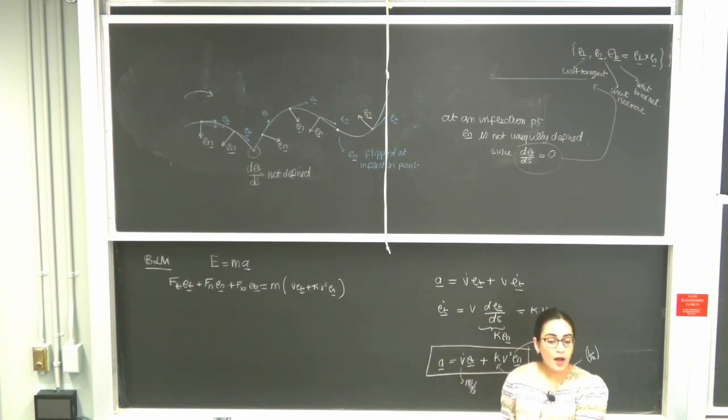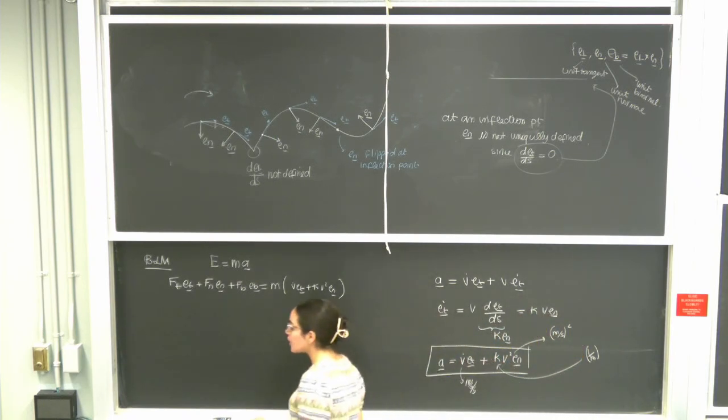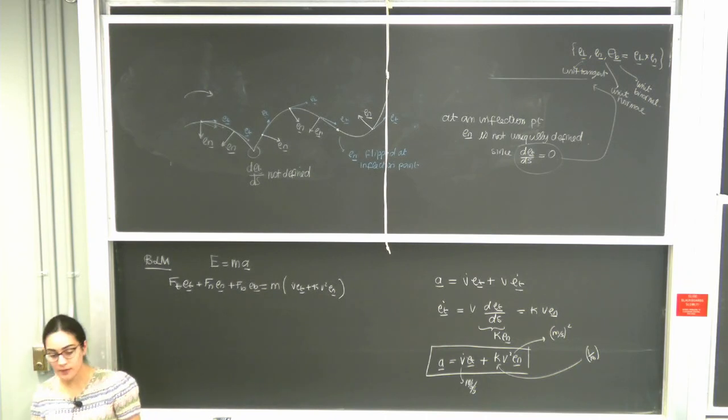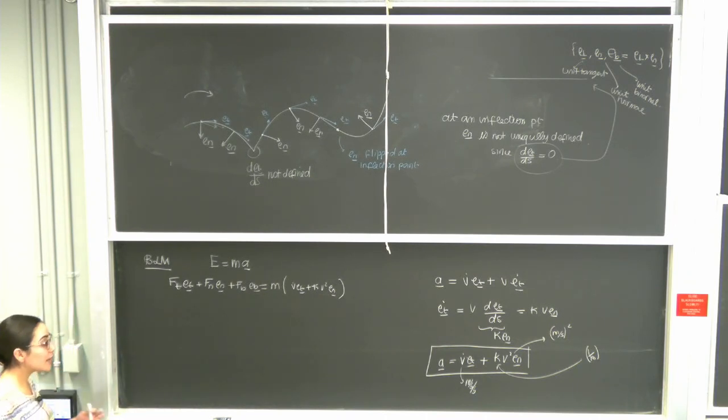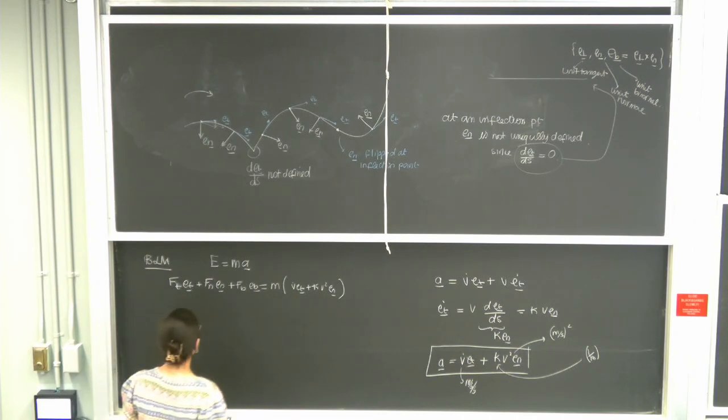And how many scalar equations can I get from this vector equation? 3. How? By projecting it along which directions? Ex, Ey, Ez, but here it's easily projected along which bases? Et, En, Eb. So technically I can project this along any 3 independent vectors in 3 dimensions.